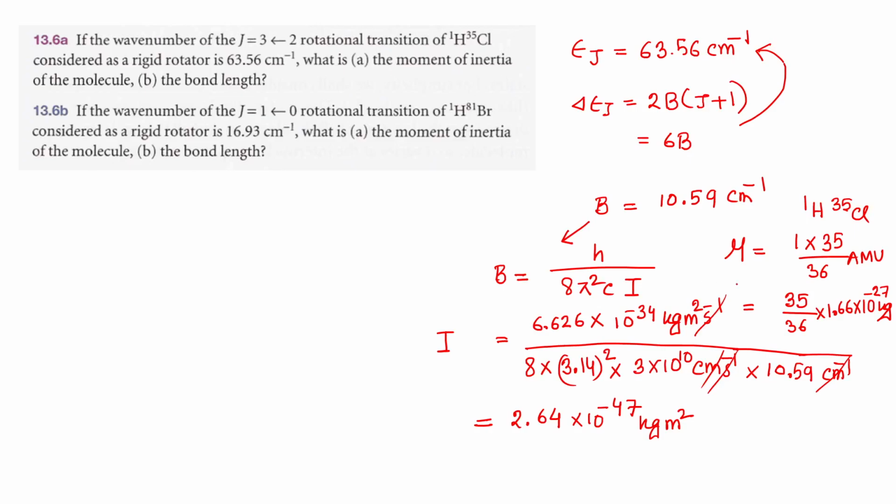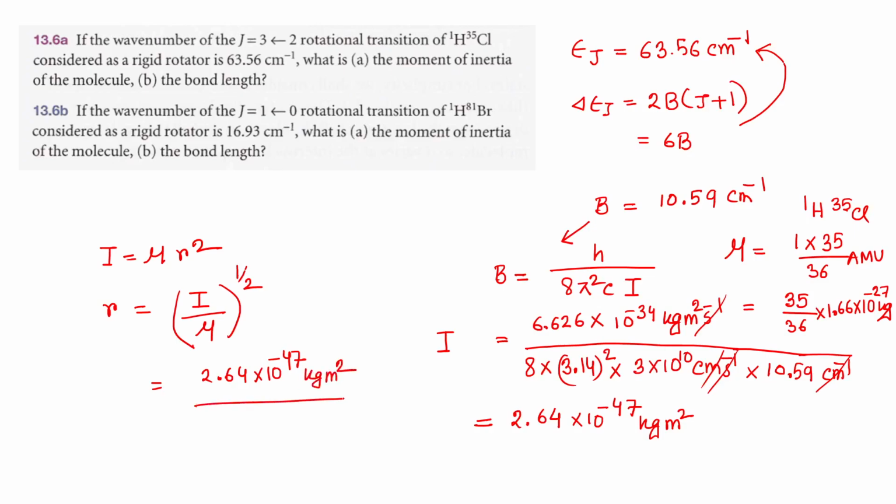Now your I is mu r square, so your r is actually I by mu, root over of that. I we know, 2.64 into 10 to the power minus 47 kg meter square, and your mu is 35 by 36 into 1.66 into 10 to the power minus 27 kilograms, right?